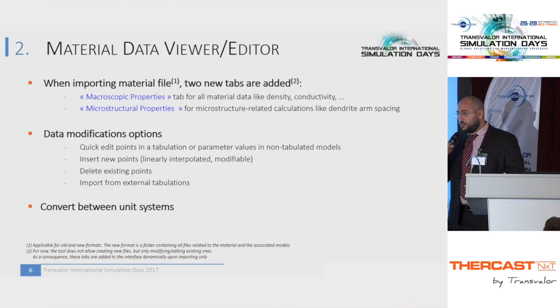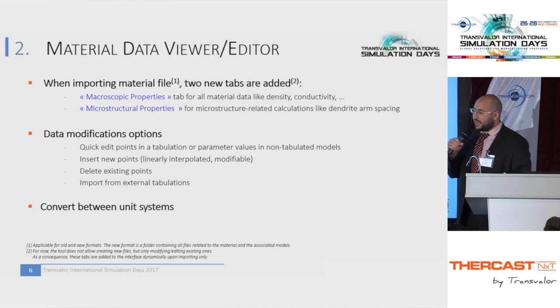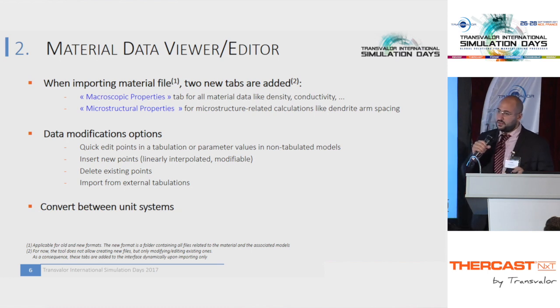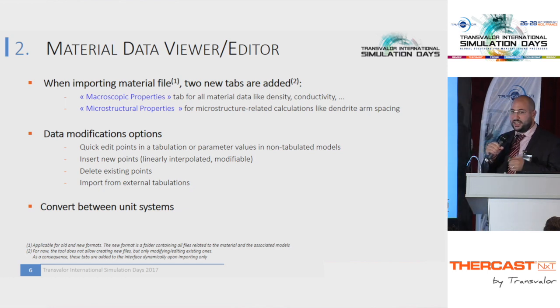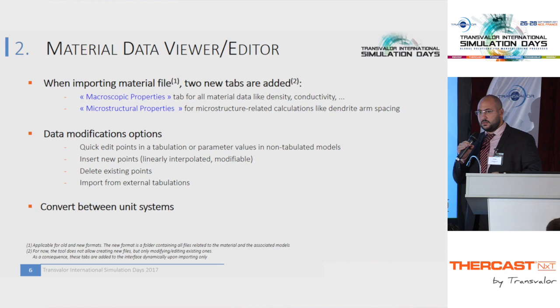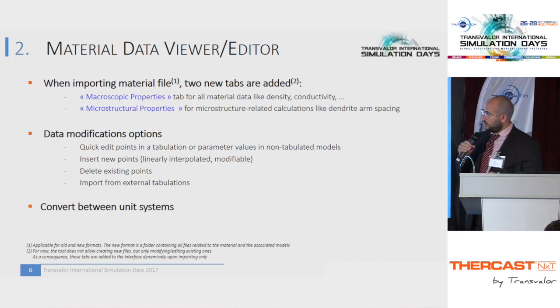The idea of this tool is to be able to modify our data without having to go into the files and change the files, and maybe without inducing any errors within the files. This is not just any interface; we do background checks to make sure that everything is okay.